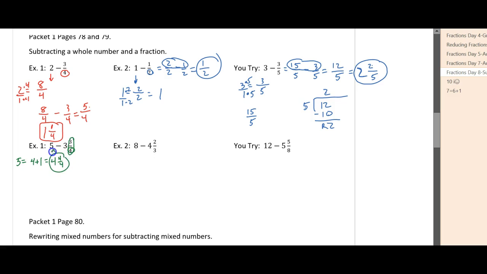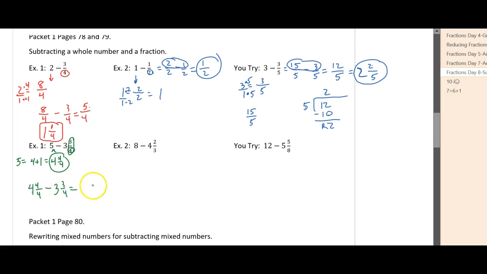This is the same thing as 5, but now when I rewrite this, 4 and 4 over 4 minus 3 and 3 over 4, now I can subtract these mixed numbers.